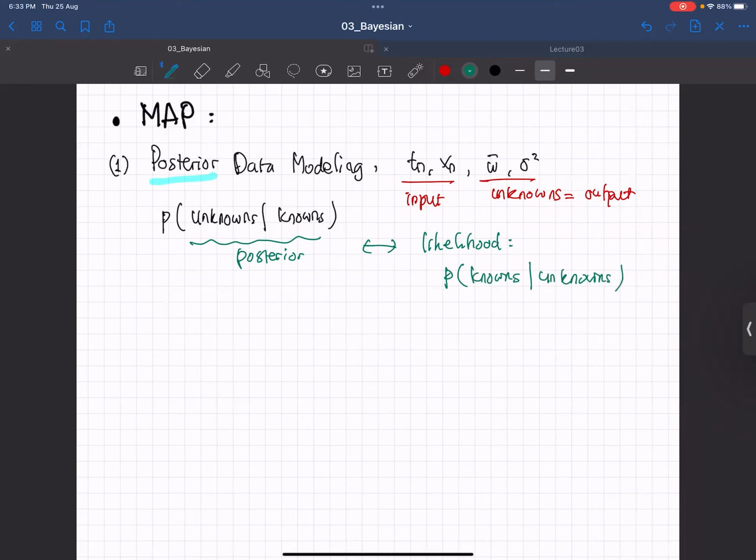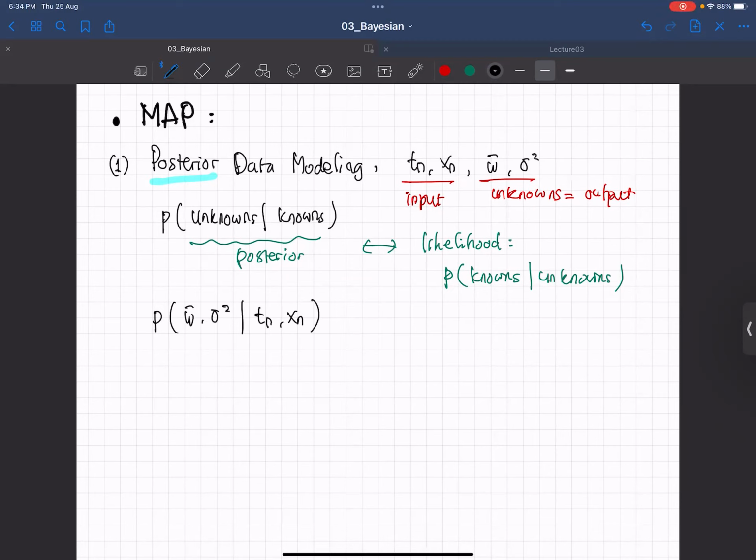So this is very basic and you have to know the difference between posterior and likelihood. Okay, because we are dealing with posterior, we have to define P of unknowns. And P of unknowns here is W bar and sigma square. And the knowns are actually Tn given Xn.